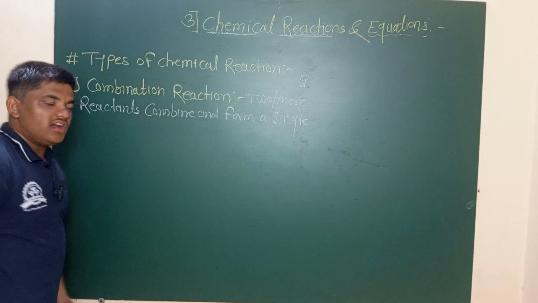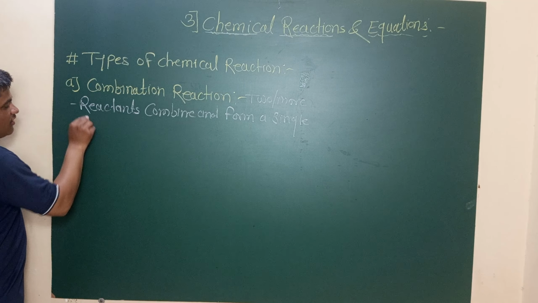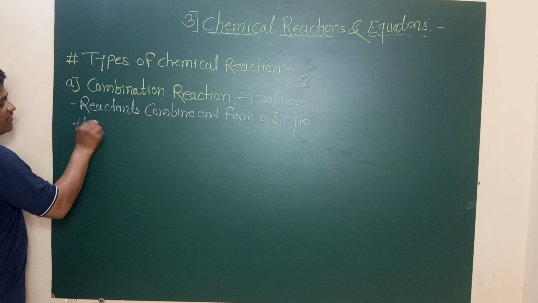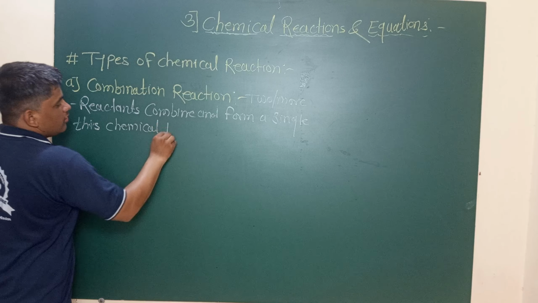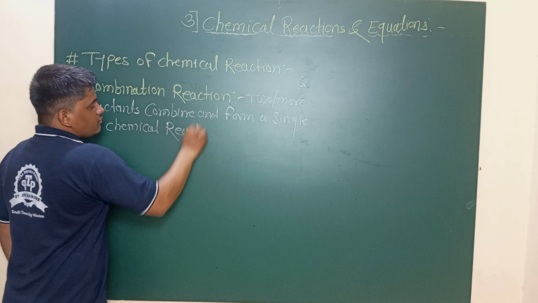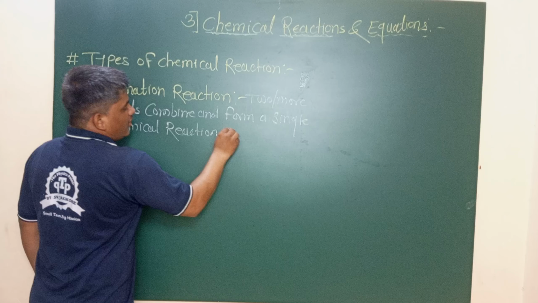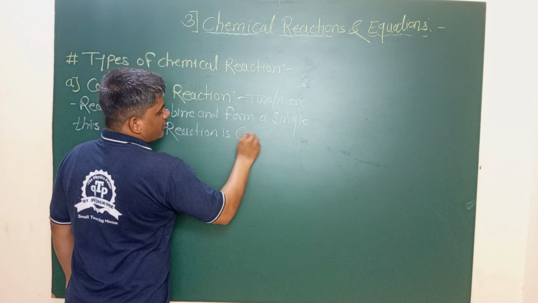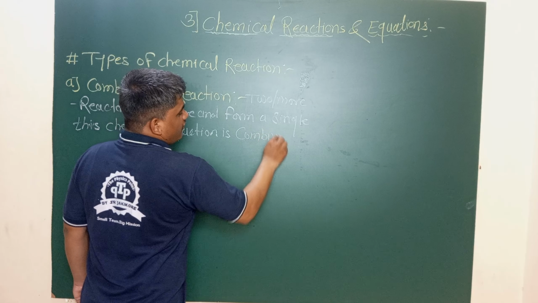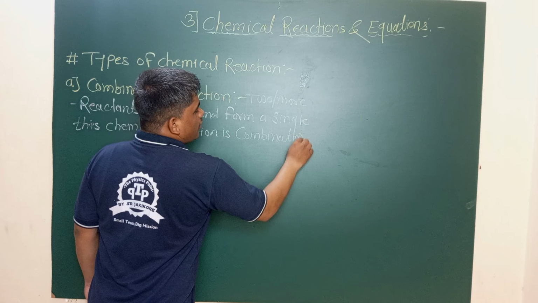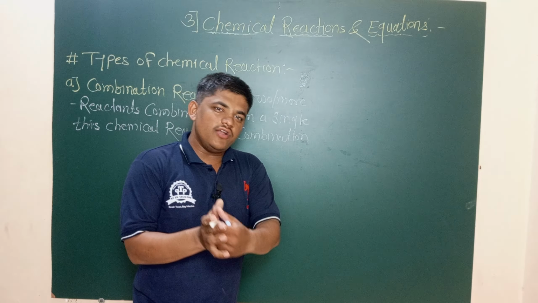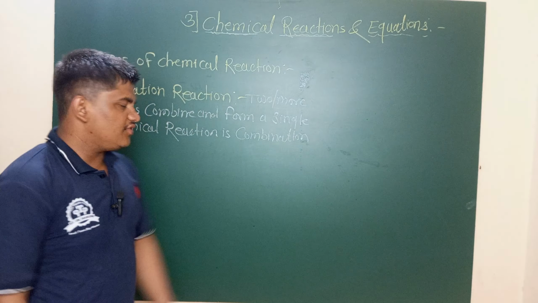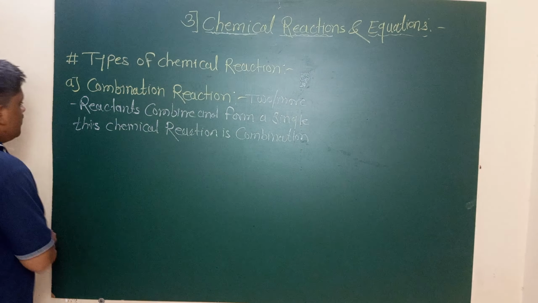This chemical reaction is called a combination reaction. Combination means two or more reactants are combined to form a single product. This is the combination type of reaction.